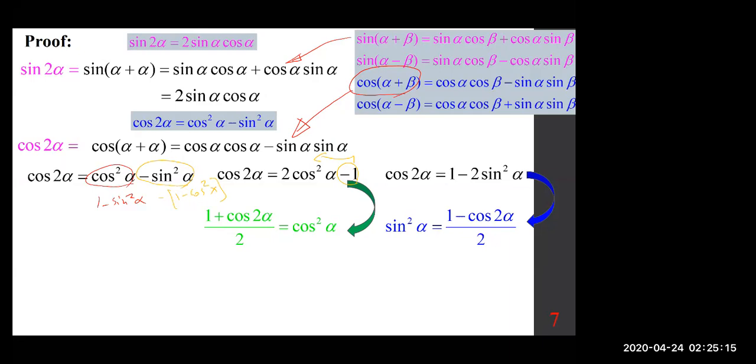How do you think we get tan squared alpha? Tan squared alpha is sine squared over cosine squared. So if you divide the blue by the green one, it gives you tan squared alpha. Is everybody following that? Is everybody following the proof?